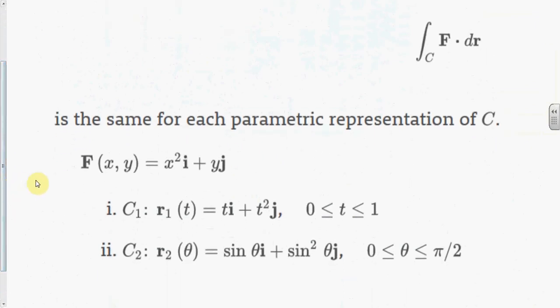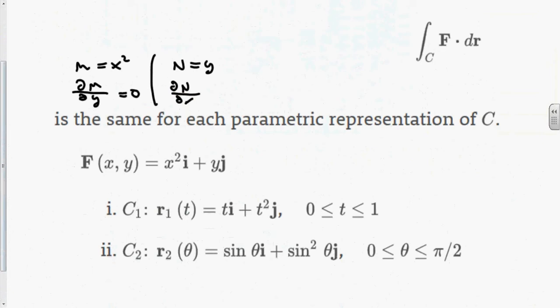I'm going to determine whether or not this vector field is conservative. So M is x squared. The partial of M with respect to y is 0. N is equal to y. The partial of N with respect to x is 0. So it's conservative. Since it's conservative, we're going to find the potential function.